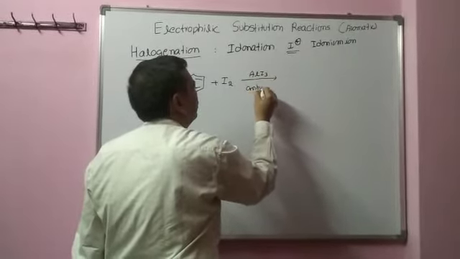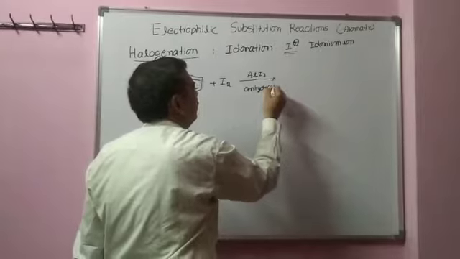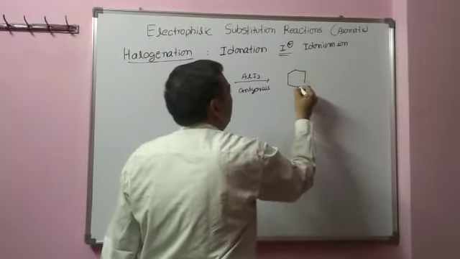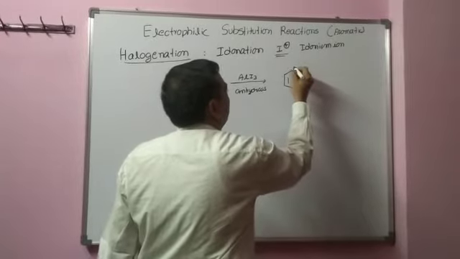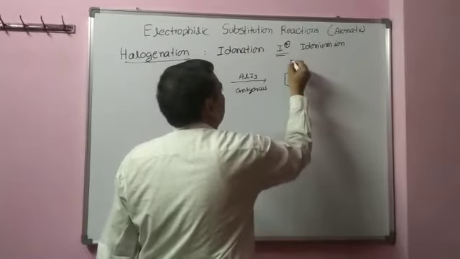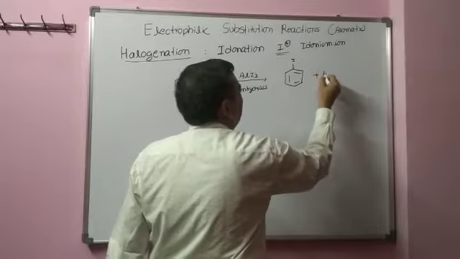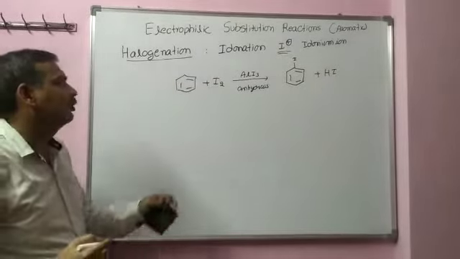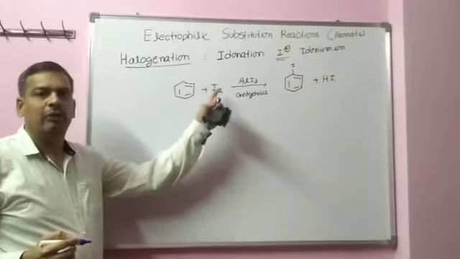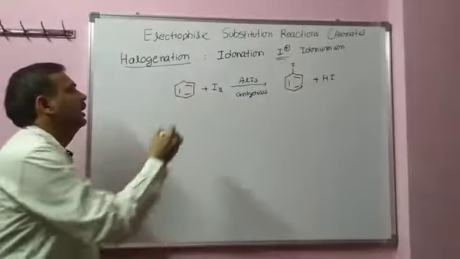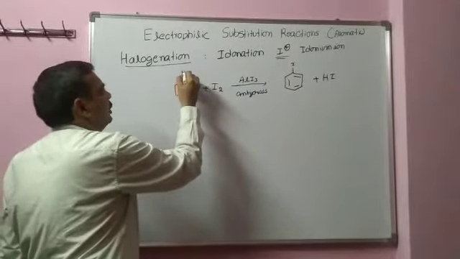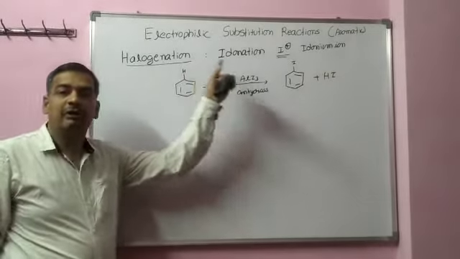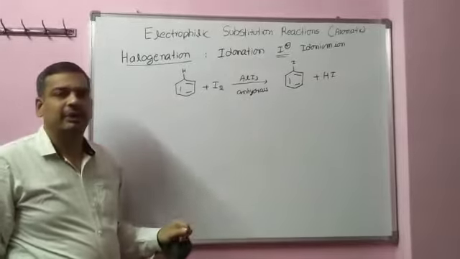According to our previous knowledge, we are supposed to get iodobenzene and hydroiodic acid. In electrophilic substitution, one electrophile I plus will come inside and another electrophile will go outside.